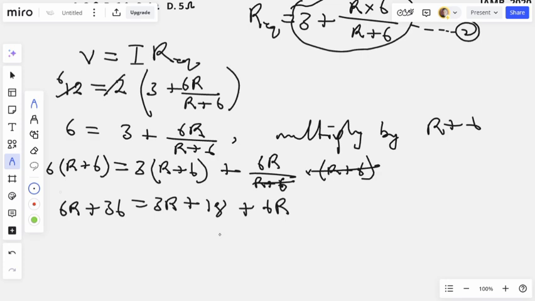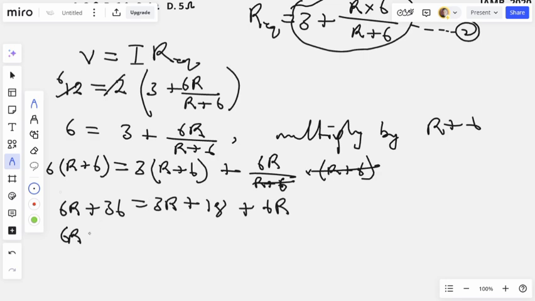So now we collect like terms. Like terms means you bring the terms that have the same variable together. So I'm going to take all the R terms to the left, and all the constant terms to the right. So here we have 6R. There's no other R in this left hand side, so we bring the one from here. This is plus 3R.